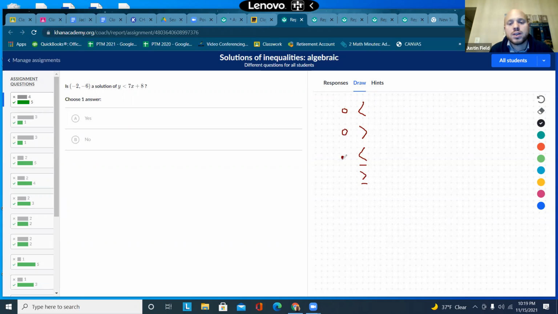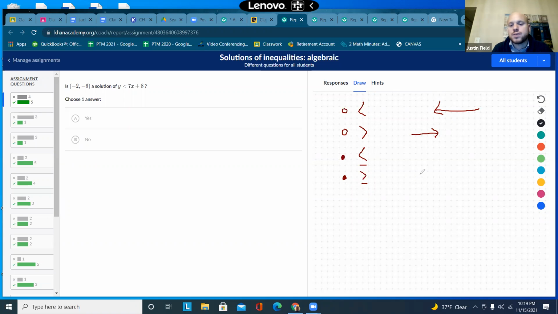These two have a closed circle. Hopefully this is a review for you. And one nice way to shade: if you have less than, you should notice that it's an arrow showing you the direction it's going in. The greater than sign is an arrow going in the other direction.